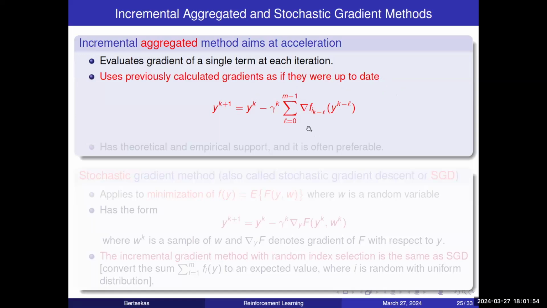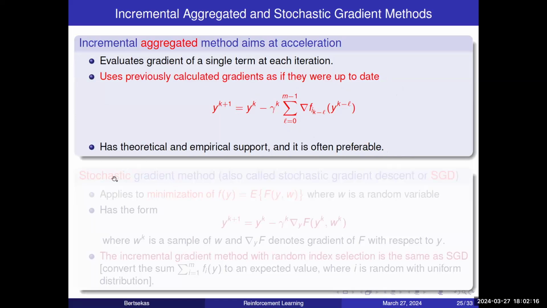That means you need to have a memory to keep track of the previous round of calculated gradients, and you sum them up. And it has theoretical and empirical support and is often preferable.